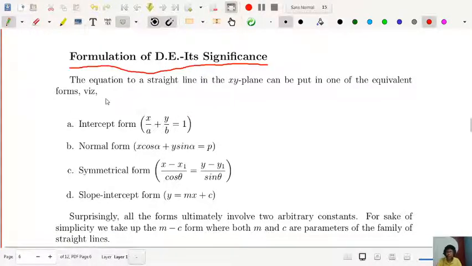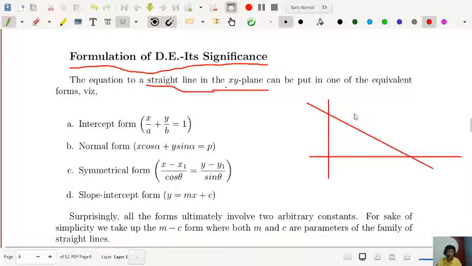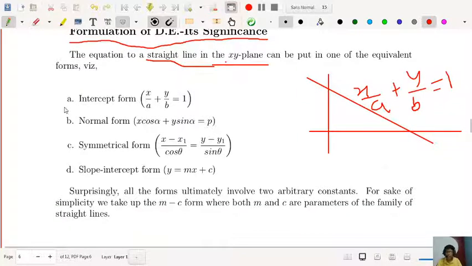Let us have a beautiful, very easy example. You have learned at school level the equation of a straight line in the xy plane. How will you write the equation of a straight line in the xy plane? This is the intercept form, x by a plus y by b equal to 1. Or you can put it in the normal form, x cos alpha plus y sin alpha equal to p, where p is the perpendicular distance from the origin.